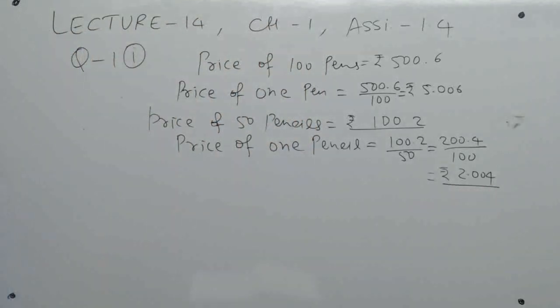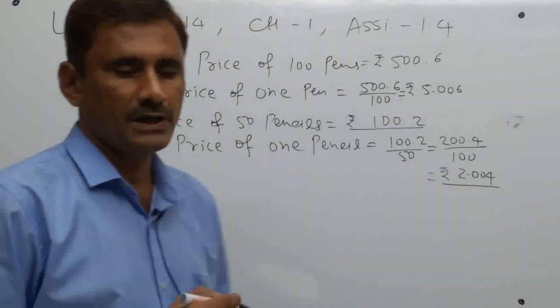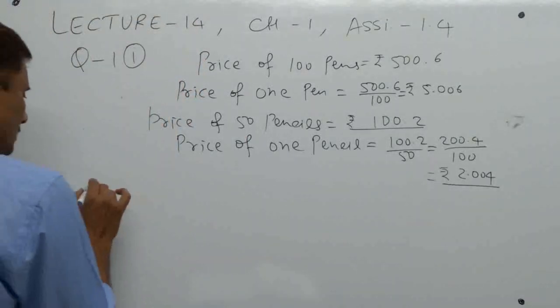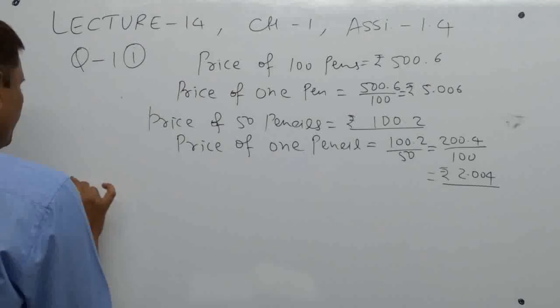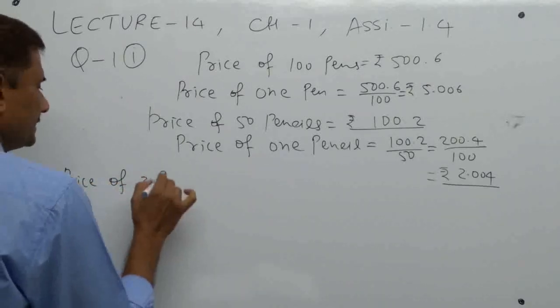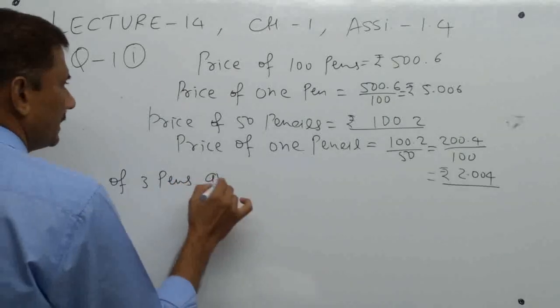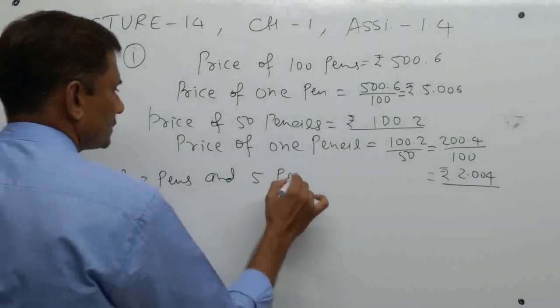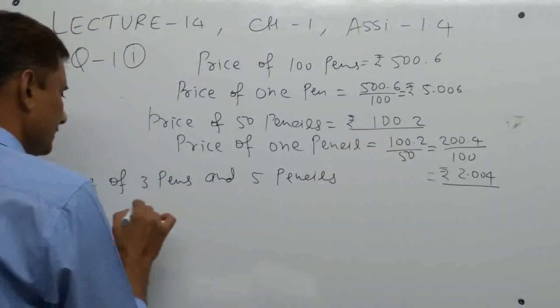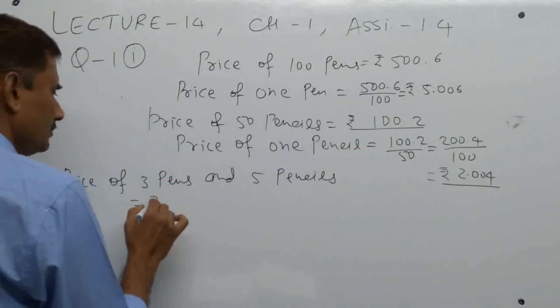So we got one pen's price and one pencil's price. Now we want the total cost of 3 pens and 5 pencils. Obviously you have to multiply this by 3 and this by 5 and then add them. So within one step we are going to find it.